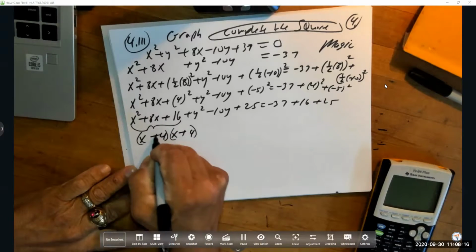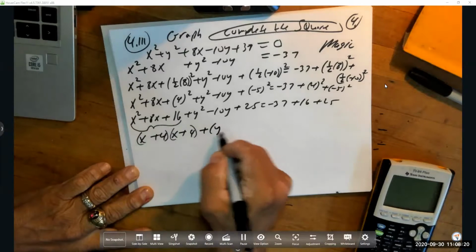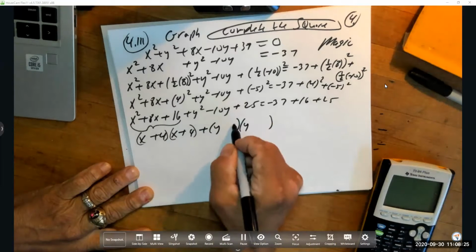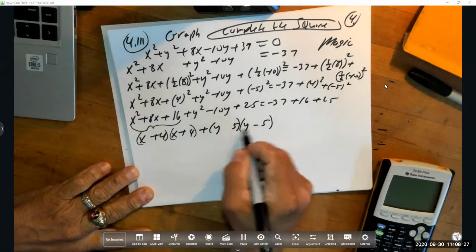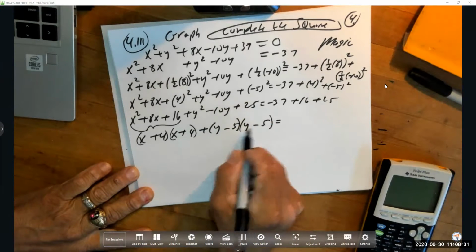Plus 4 plus 4: 4 times 4 is 16, 4 plus 4 is 8. And the y becomes the same thing twice, twin numbers. This is 25. I think it's going to be 5 and 2 minus signs right here. Minus 5 times minus 5 is 25, minus 5 minus 5 is minus 10.